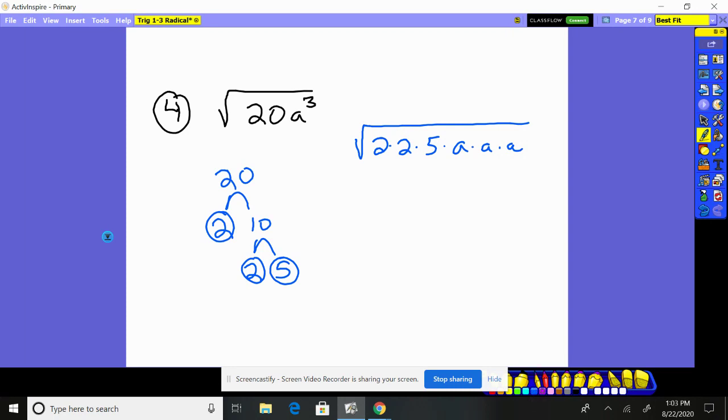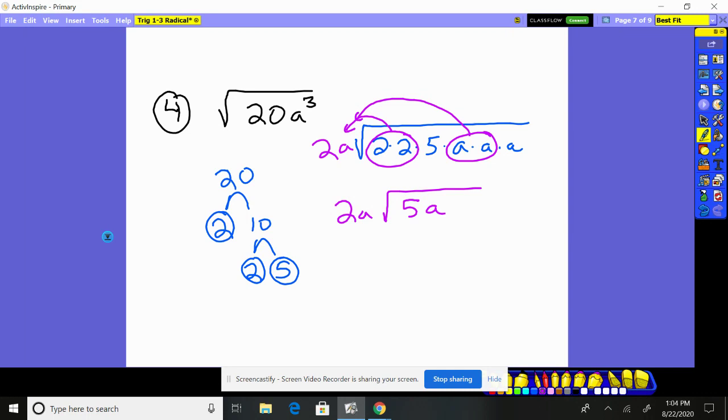So now a 2 will come out. Anything else? Oh yeah, we got an a here. They get married and come out. So I'm left outside with a 2a. On the inside, you're left with 5a. So for problem 4, that simplifies to 2a times the square root of 5a.